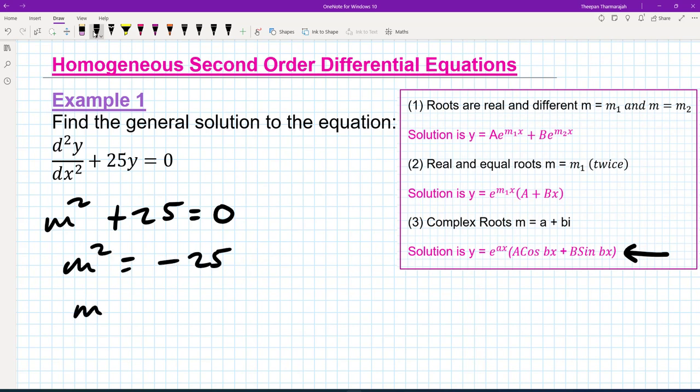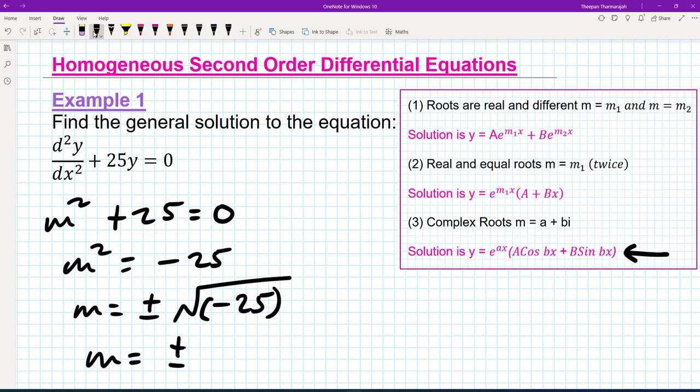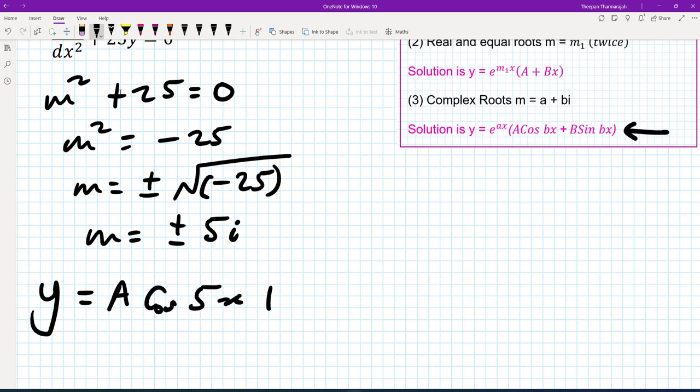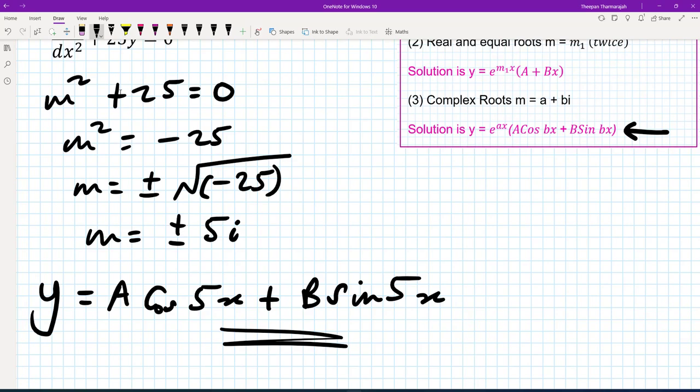We can say m is plus or minus the square root of minus 25, which is the same thing as m is plus or minus 5i. So we can say that our general solution is y equals a cos 5x plus b sin 5x.